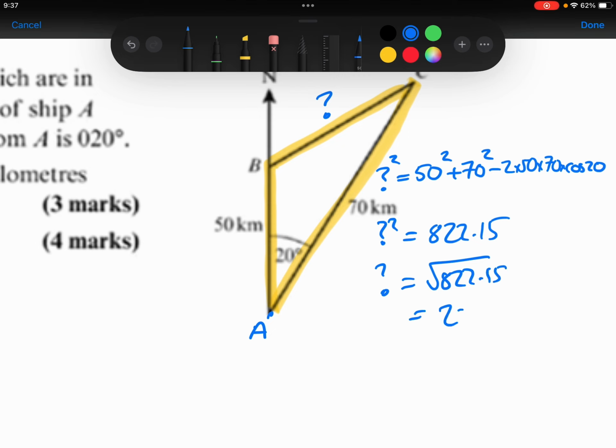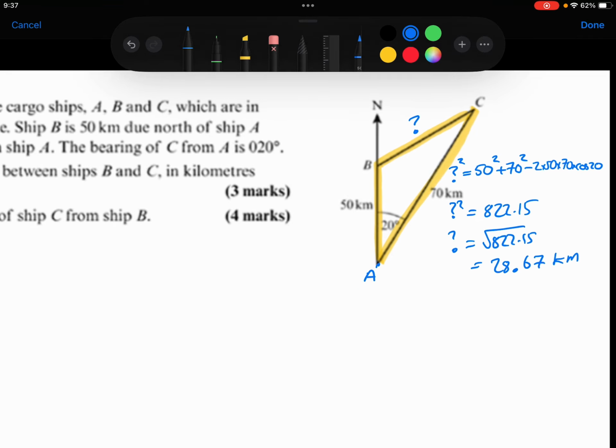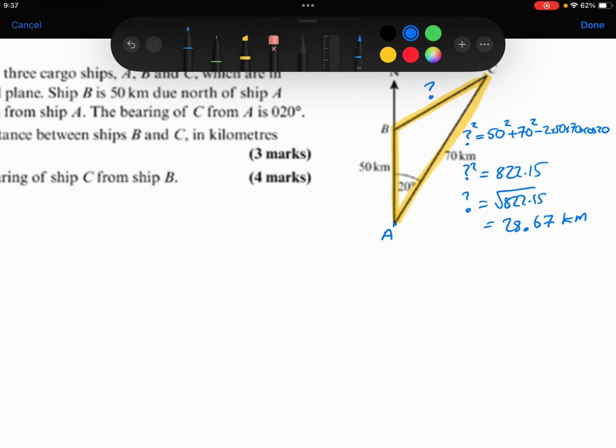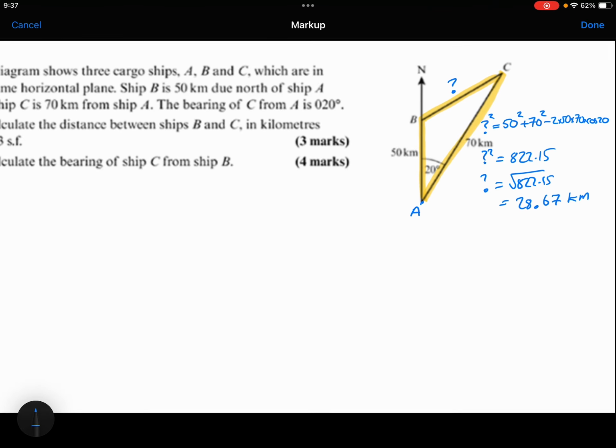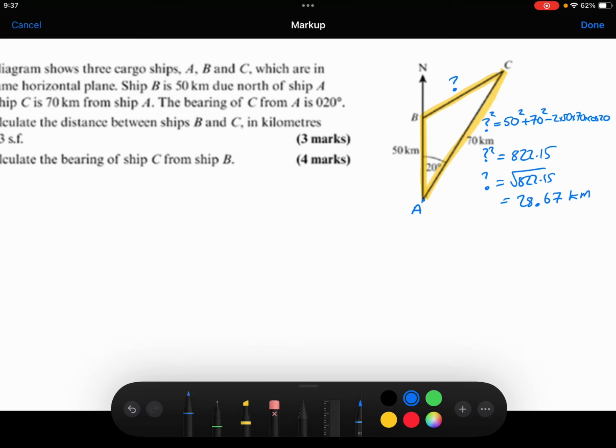And we get 28.67 kilometres. So that's the distance between ships B and C. The question did say to give my answer to three significant figures, so I'm going to say 28.7 kilometres.